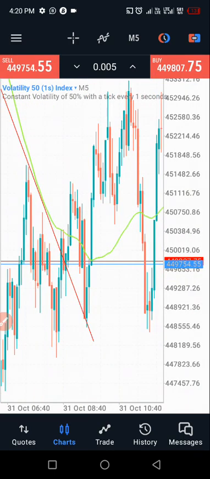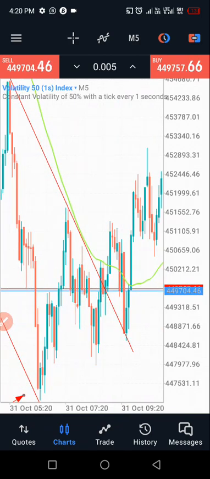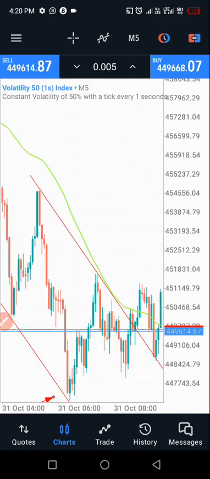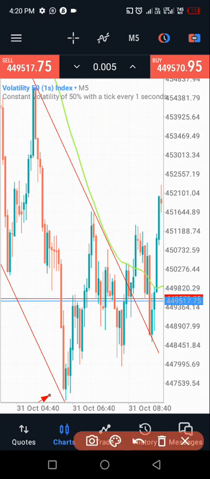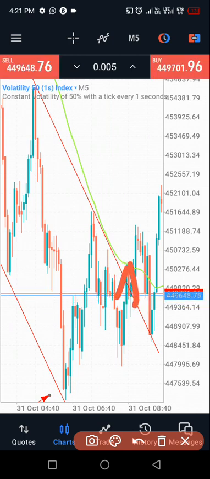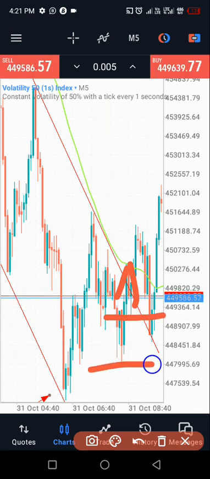But if you noticed, after the breakout here, there was a little retest. But I already entered the trade, and my stop loss was somewhere here.